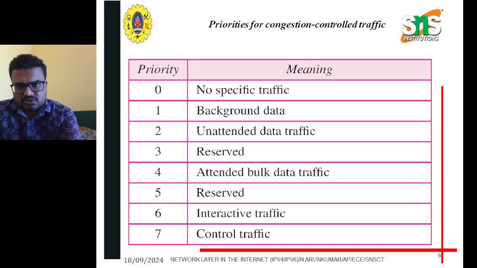First one is 0, no specific priority; then background data, unattended data traffic, reserved attended bulk data, reserved interactive traffic, and control traffic. Because we are sending the data as a priority one, we need to check the congestion model, because all the data are assigned while forwarding the information. So we need to allow the corresponding factors to the next level.